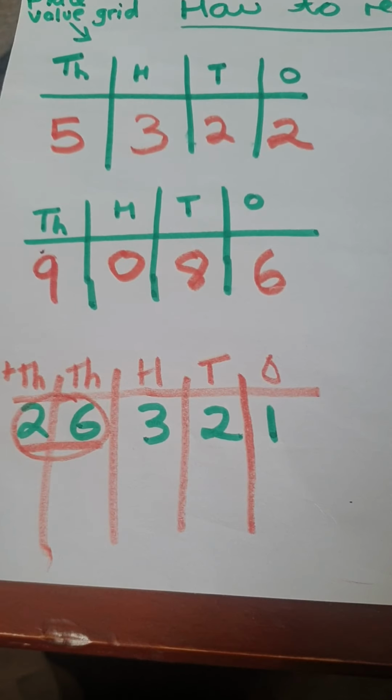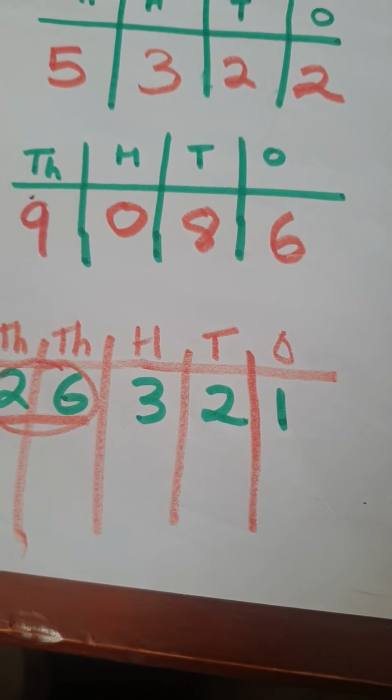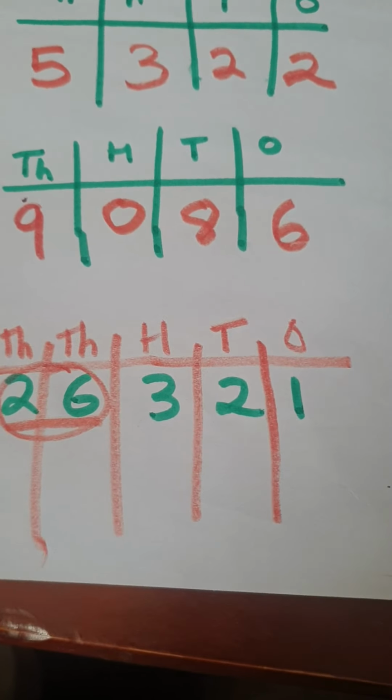Now I'm going to look into the hundreds column. How many hundreds do I have? 300. Over here, can we see? 300, so we need to put 300 here. 300.